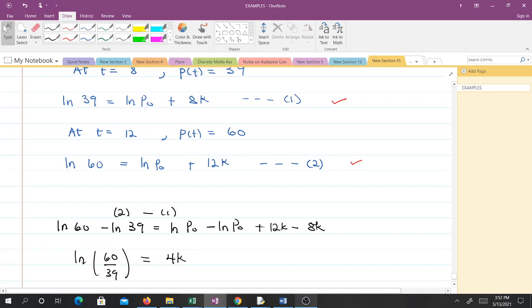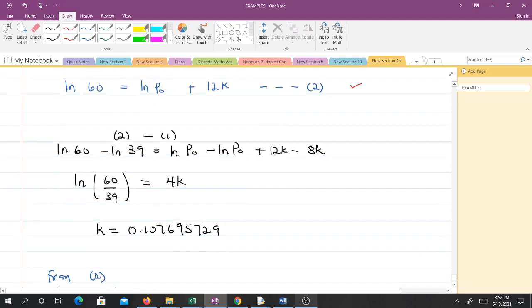Doing that will give us ln 60 minus ln 39 equal to ln p naught minus ln p naught plus 12k minus 8k, and the ln p naught terms go away. So we get ln 60 over 39, because ln 60 minus ln 39 is the same as ln 60 over 39, equal to 12k minus 8k, which is 4k.